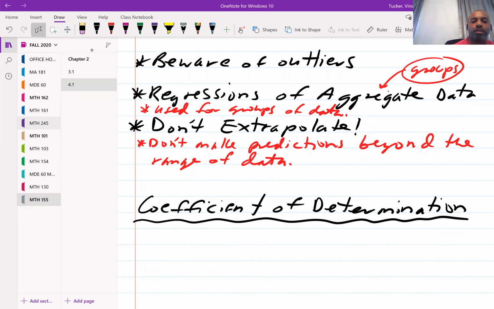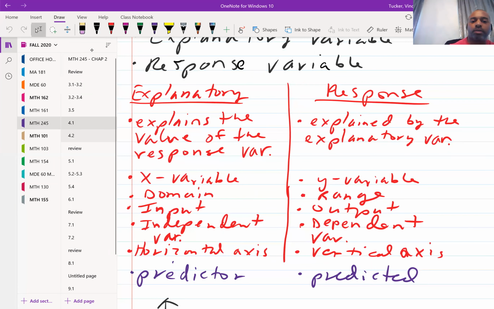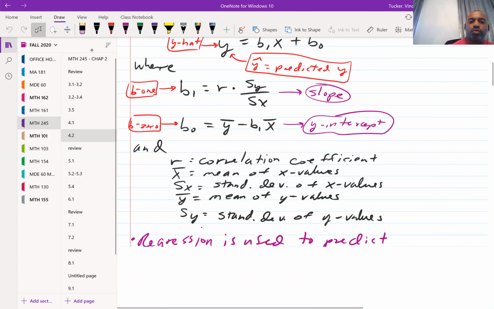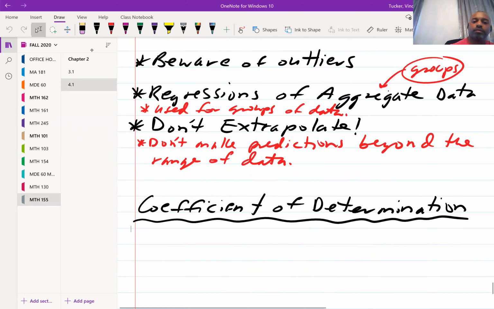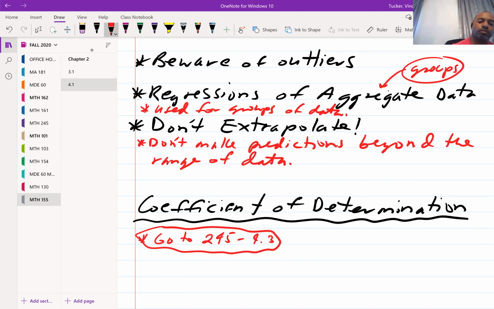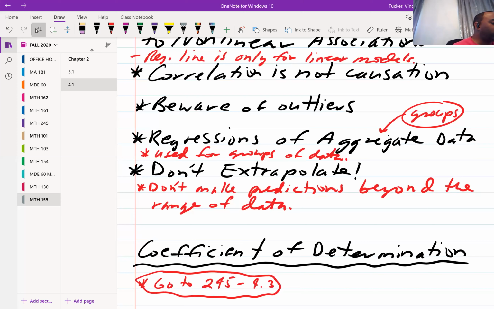Let's see if we want to use these notes. Yeah, I'll probably just use these. All right. Anybody still copying anything before we go to coefficient of determination?